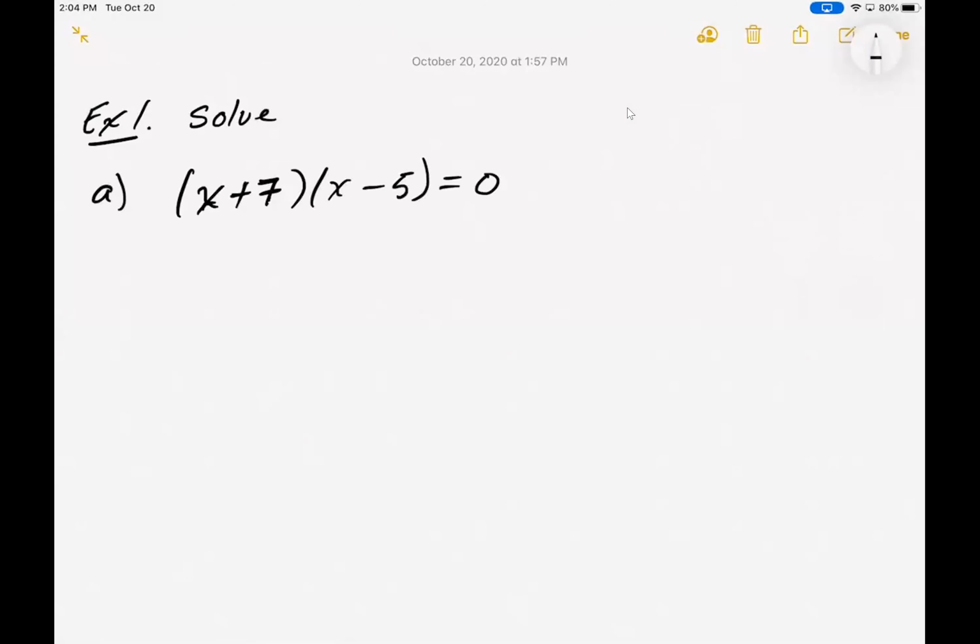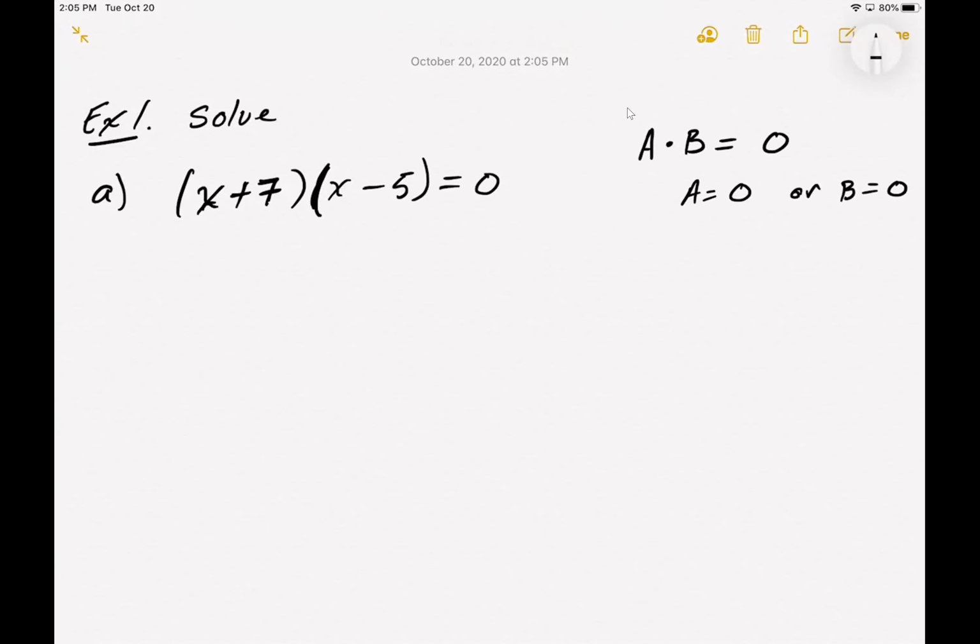Our problem is open parenthesis x plus 7 times open parenthesis x minus 5 equal to 0. So how would we go about solving this? You say, wait a minute, if you remember, this is what they tell you: if a multiplied by b is equal to 0, then either a is equal to 0 or b is equal to 0. That's what our zero product rule tells us.